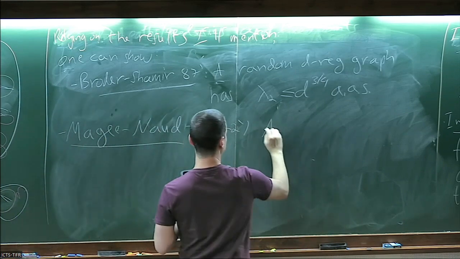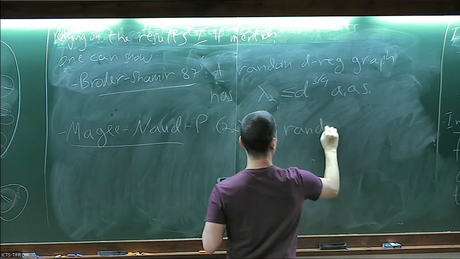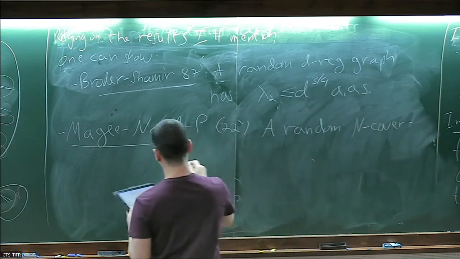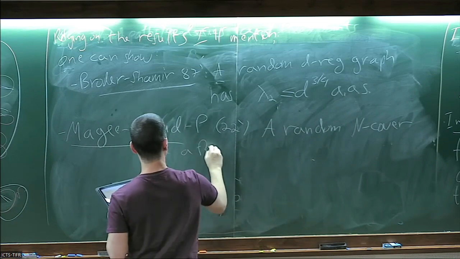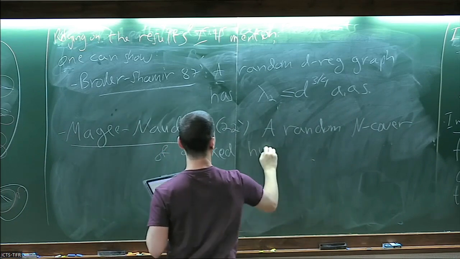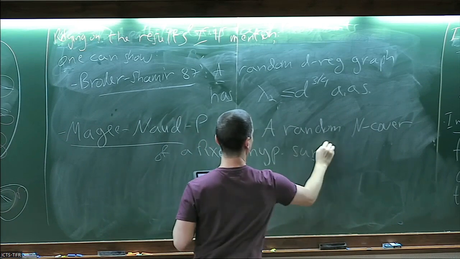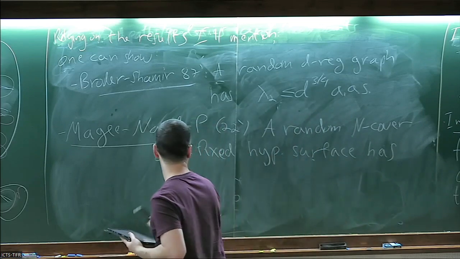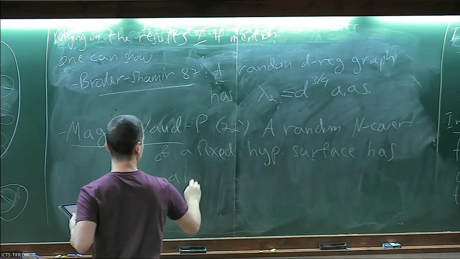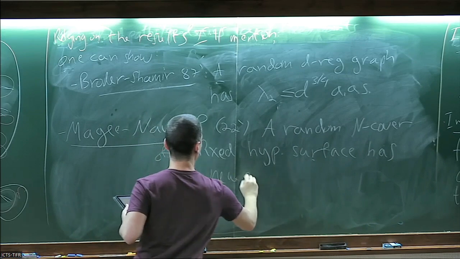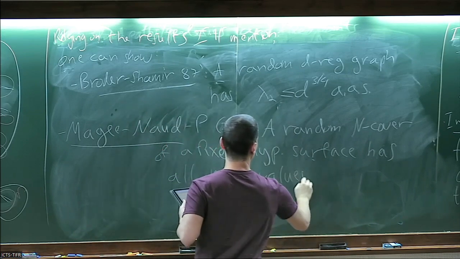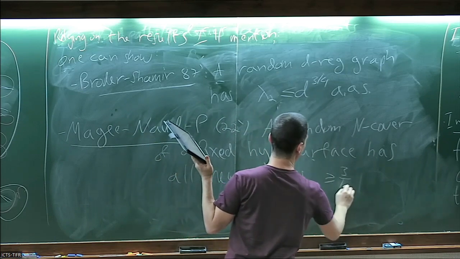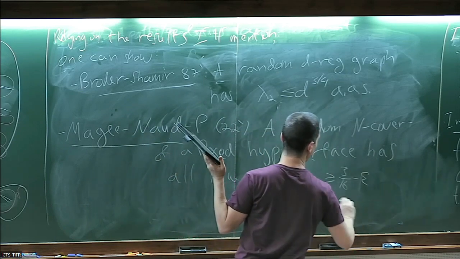So we can show that a random n-cover of a fixed orientable hyperbolic surface has all new eigenvalues at least 3/16 minus epsilon.